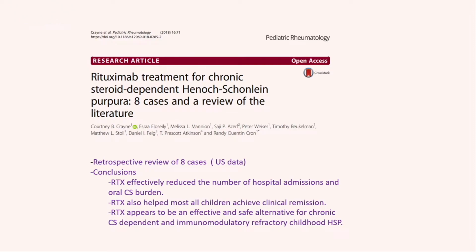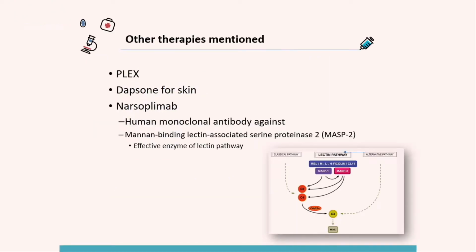And this is a more recent one in 2018, also echoing the use of rituximab, which is effectively helping children with HSP and able to spare steroid. I think, from this body of work, we can appreciate that a lot of the studies have very small sample sizes, and we don't have very large-scale randomized controlled trials. So it's very difficult to conclude which agent is better than which.